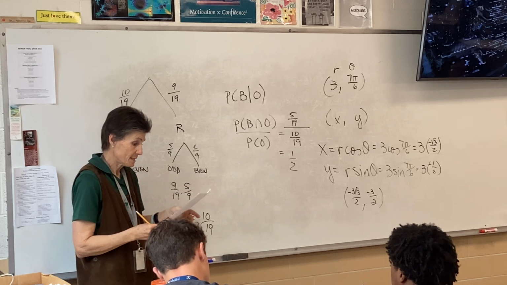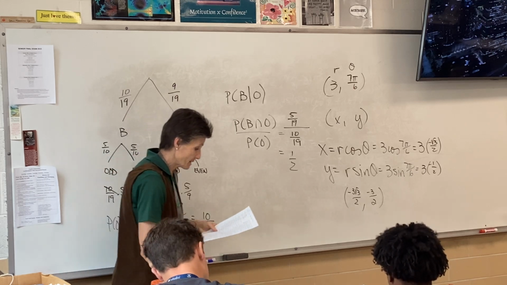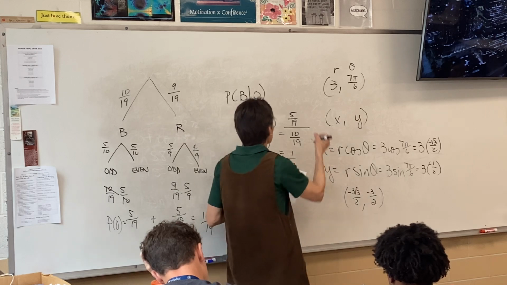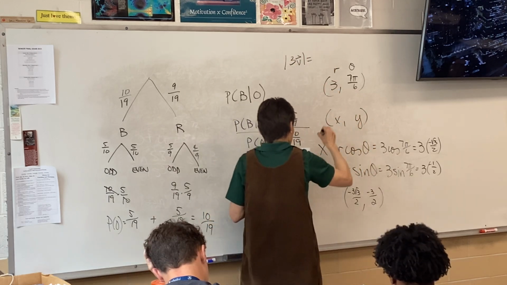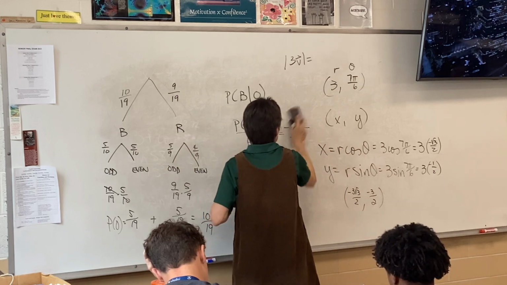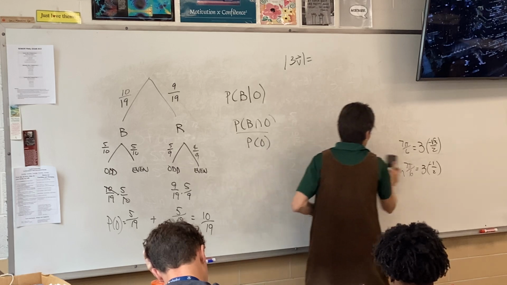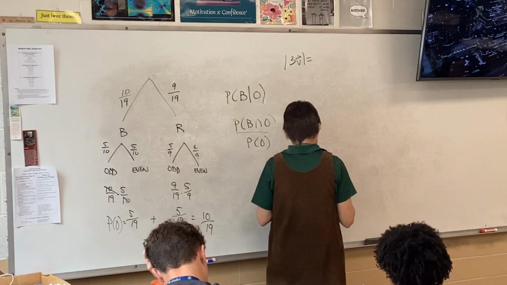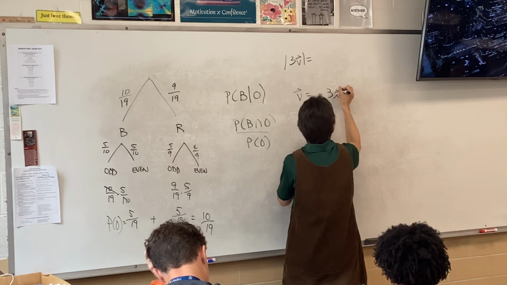No, we haven't done 19 yet. 19 says find the magnitude of 3v. And we know that v is negative 3i plus 2j.